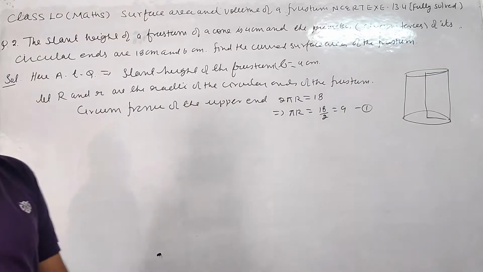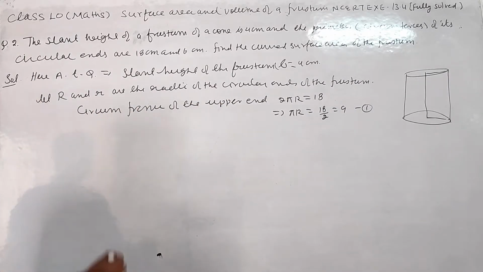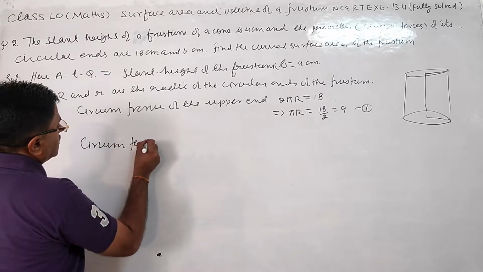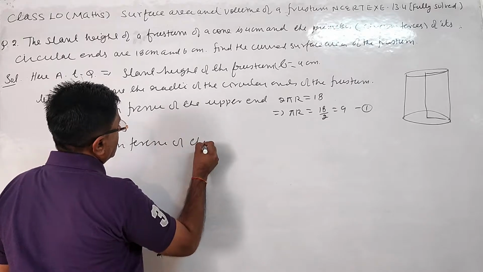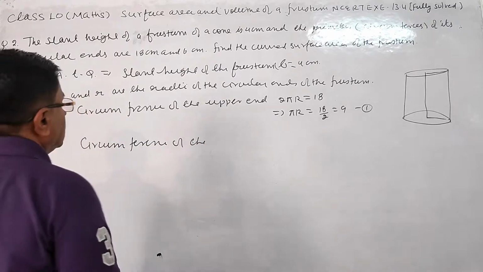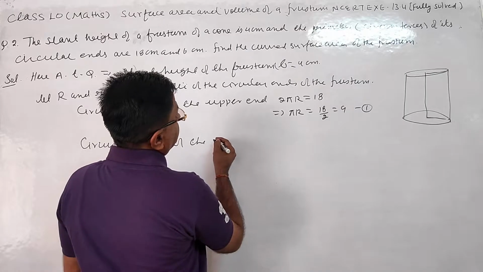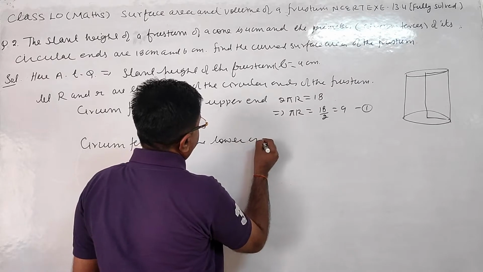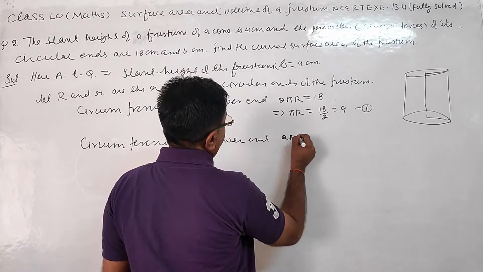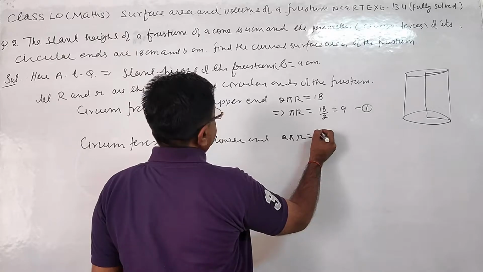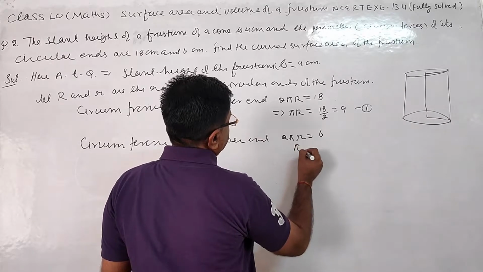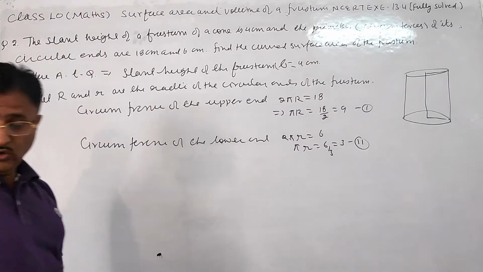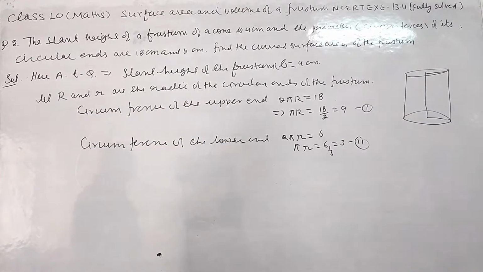This is equation number 1. Similarly we find the circumference of the lower end, that is 2 pi small r, which is given as 6 centimeter. So pi small r equal to 6 by 2, which is 3.